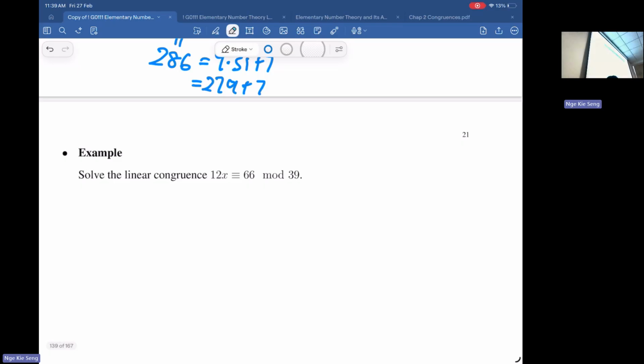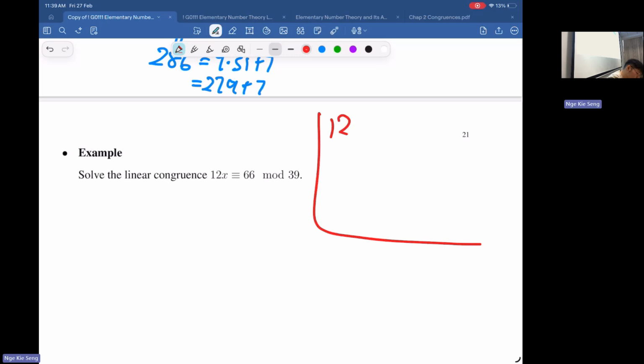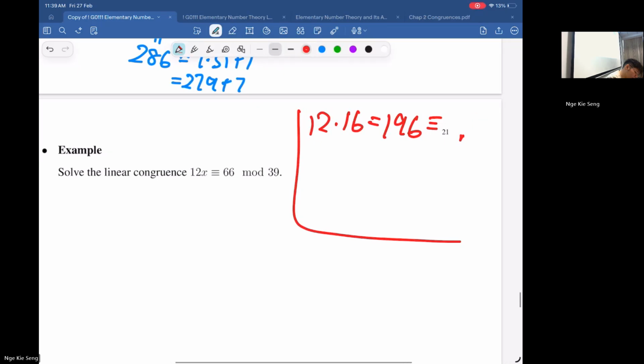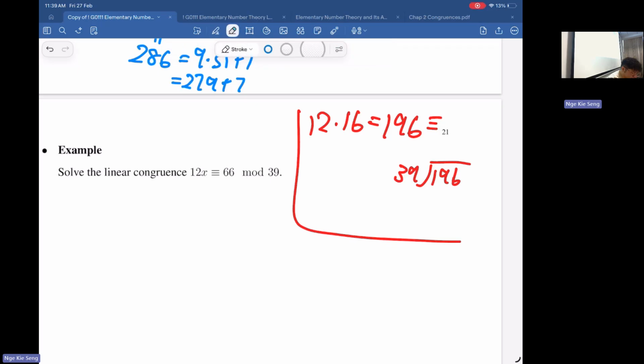Let me try. I wrote something weird here. Let's check my stuff first. 12 times 16, what do you get? 196, is it correct? Okay, so what's this mod 29? Let's check it. It's 1 off.